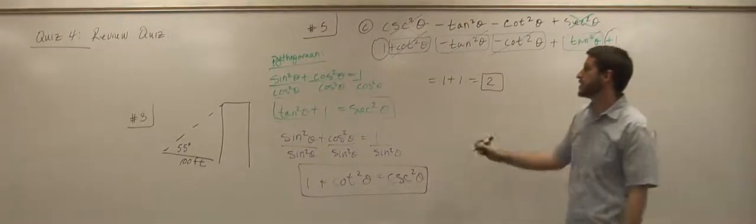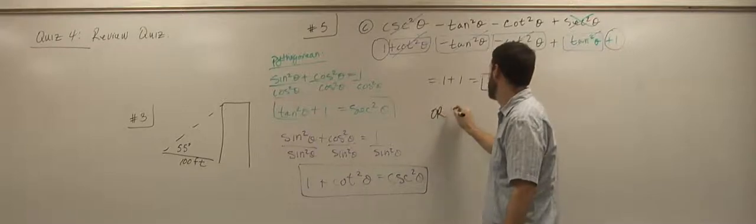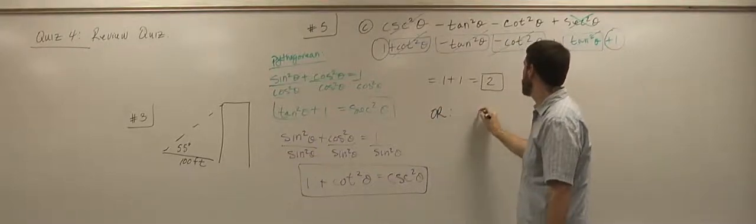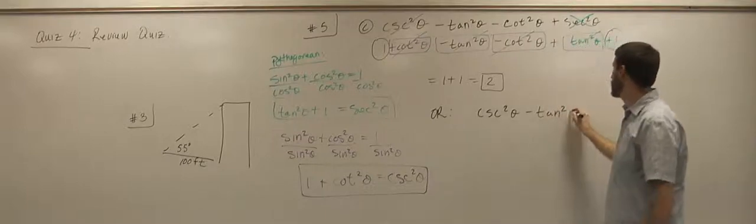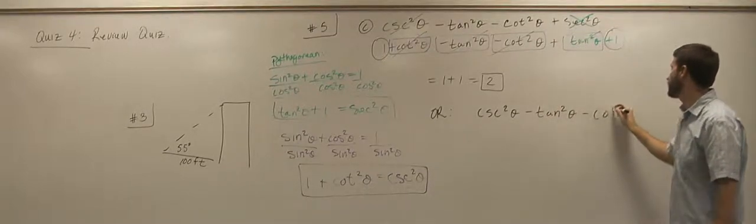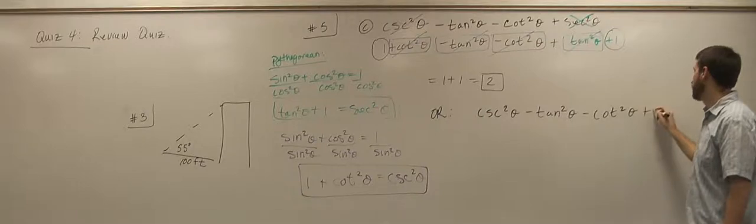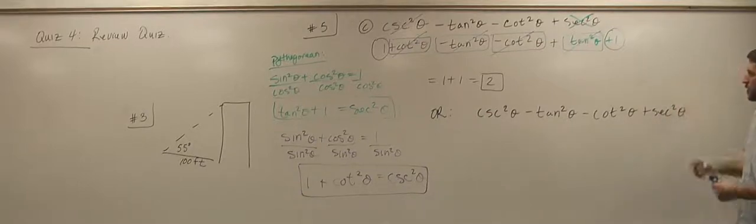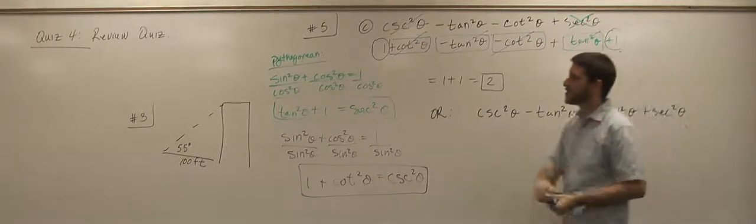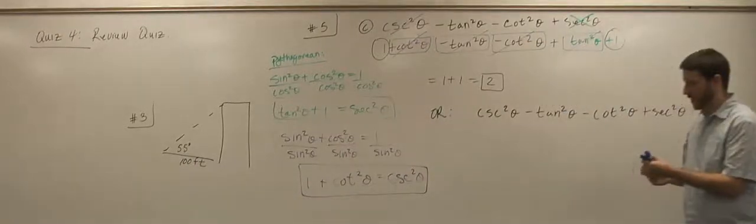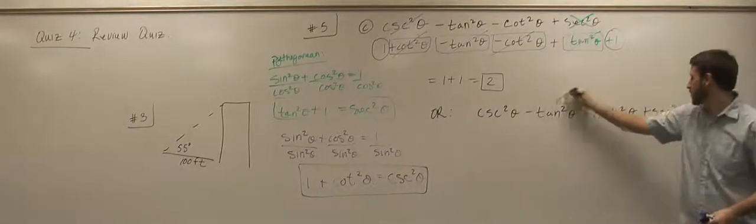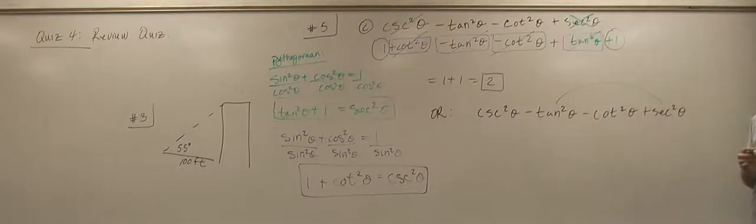The other way to do this is you can start back from the beginning and kind of group these in a little bit different fashion. Because tangent squared and secant squared are related in one of these identities, I would group this tangent squared and this secant squared together.